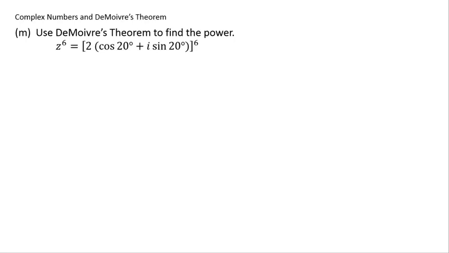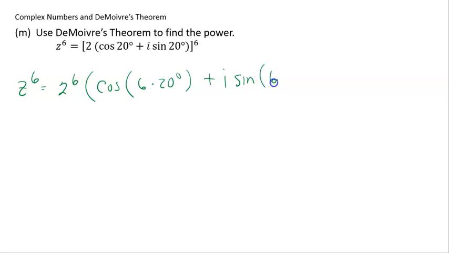So z to the 6th, remember you have to take your modulus and raise it to the 6th power. So z to the 6th is going to equal 2 to the 6th times the cosine of 6 times 20 degrees, which is 180 degrees, plus i times the sine of 6 times 20 degrees, which is still, did I say 180?